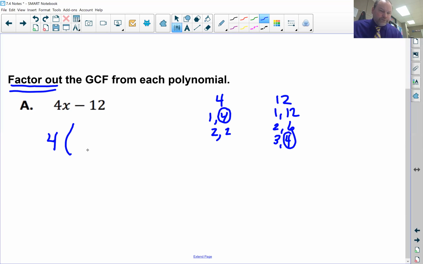And what we're going to do is divide the coefficients by the greatest common factor. So 4 divided by 4. Well, go ahead and either shout it out to me or put it in the chat. What is 4 divided by 4?